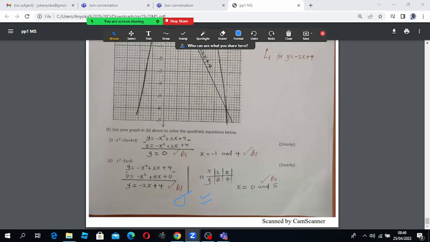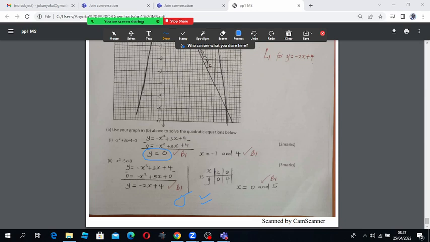So if we subtract, y is equals to minus x squared plus 3x plus 4. 0 is equals to, this is the equation we are solving, subtracted 2. And then you get y is equals to 0. Draw this line y is equals to 0, which is the x-axis.